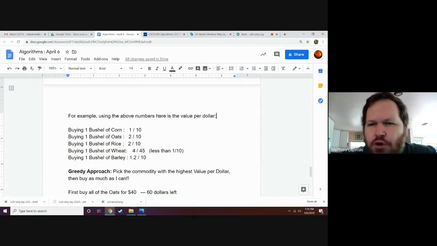Why does that actually work? I mean, it seems kind of intuitive that if I can get a great deal on oats, then buying a lot of oats makes sense. But arguing that this is correct takes a little bit of thought.